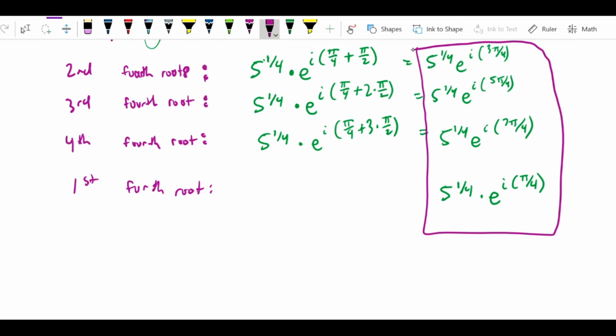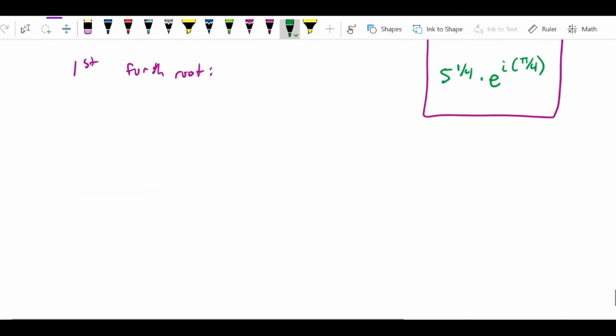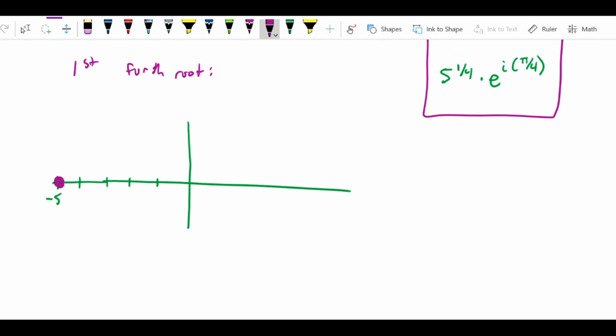Now let me just show you where these exist on the complex plane. So here we've got 1, 2, 3, 4, 5, just barely reach it there. That's -5. So this was our original number. 5 to the 1/4 is a pretty small number. It's a little over 1.